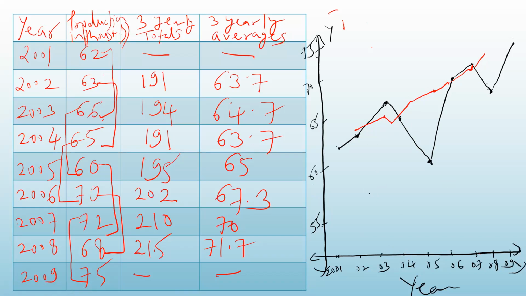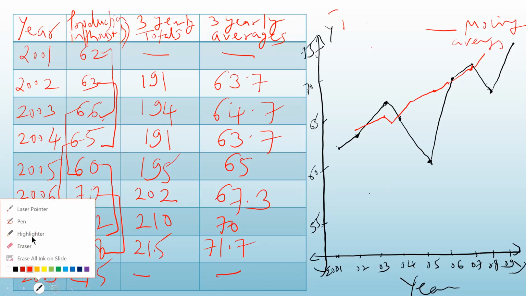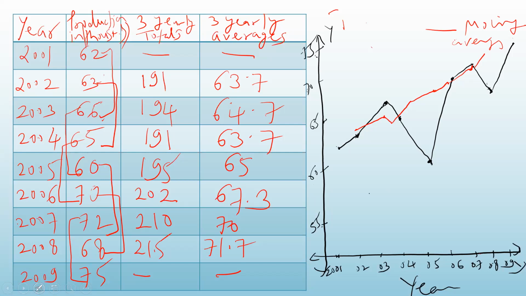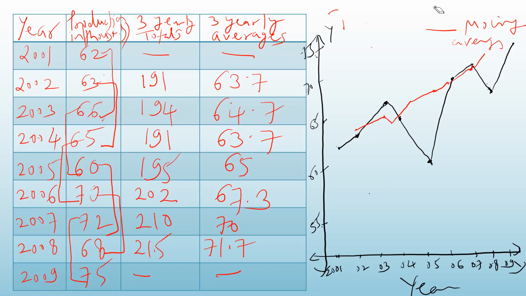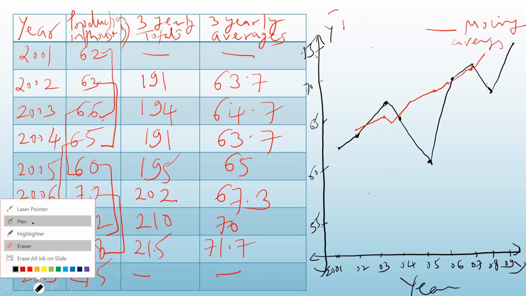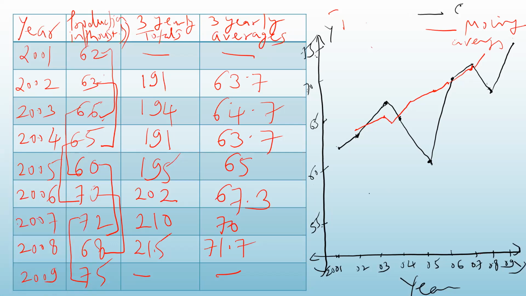And then you can write on the top that this is the moving averages with red color. Okay, and the black one is, wait a minute, on the top right corner of the graph, you can write down the black one is original time series.